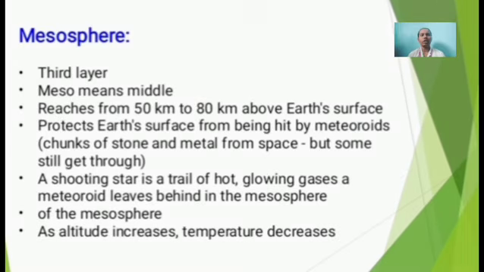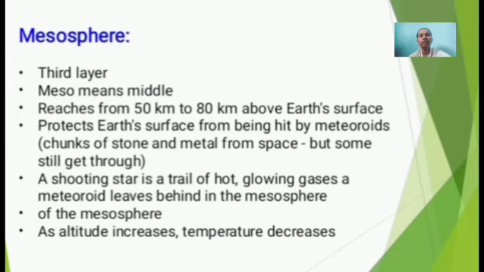The next layer of the atmosphere is the mesosphere, which is the third layer. The word meso means middle, and this layer stretches about 50 kilometers to 80 kilometers above the Earth's surface. One of its most important roles is protecting our planet from meteoroids. When meteoroids enter the atmosphere, they burn up in the mesosphere, creating what we often see as shooting stars.